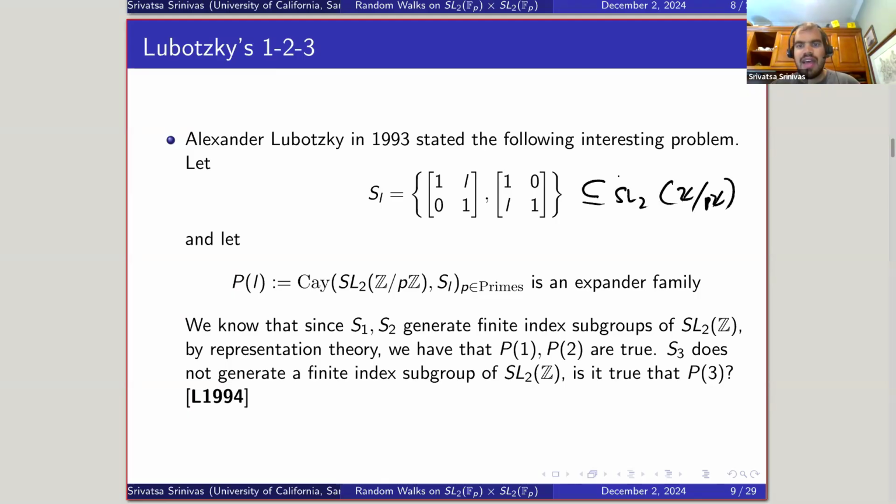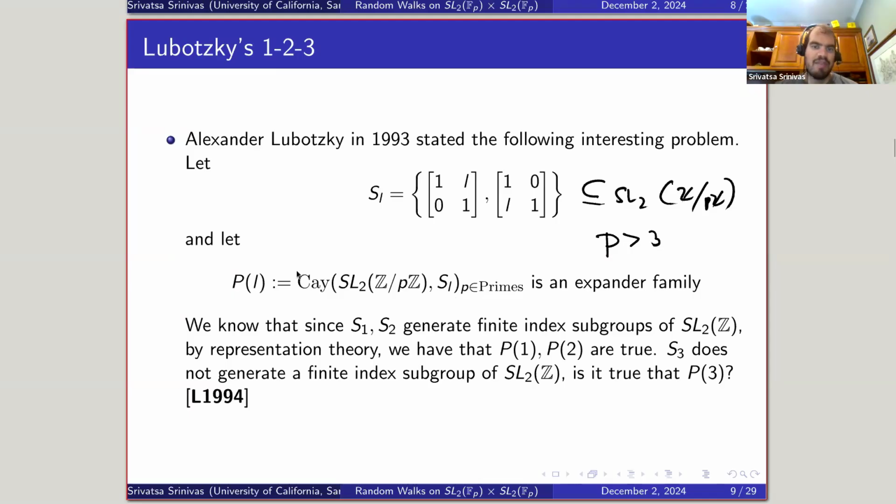Okay, and obviously we want P greater than 3. So let P of L be the following predicate, that the Cayley graphs of SL2Z mod PZ with this generating set S sub L is an expander family. So basically, P of L is that following claim, except I plug in L into these matrices.